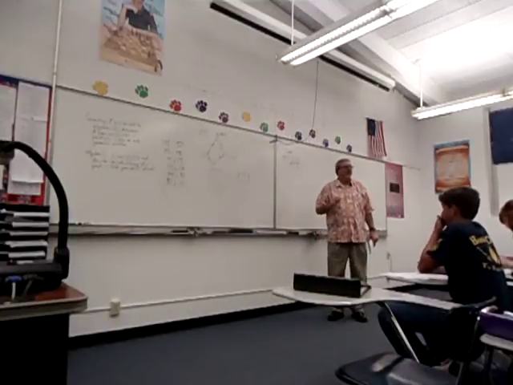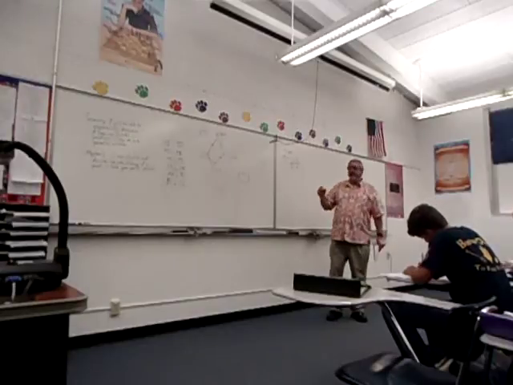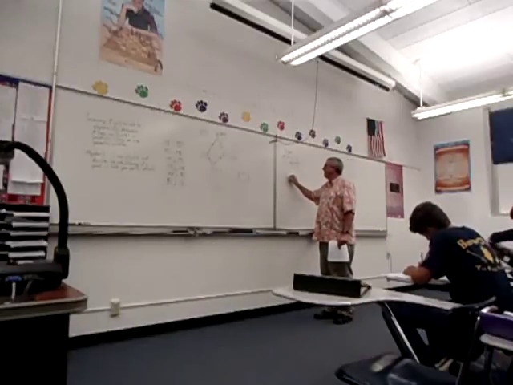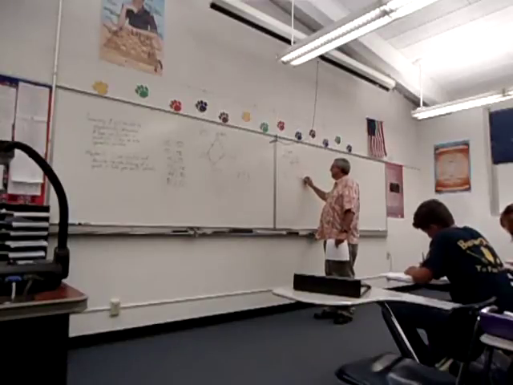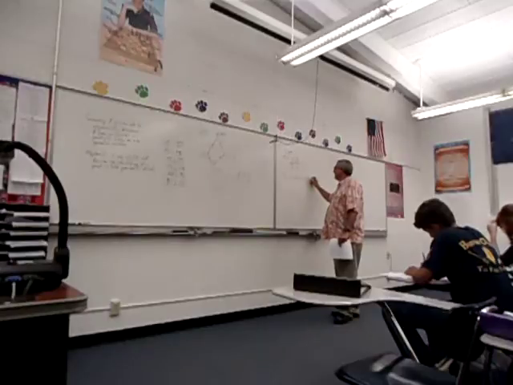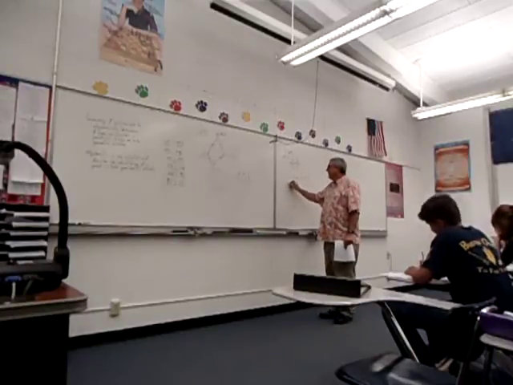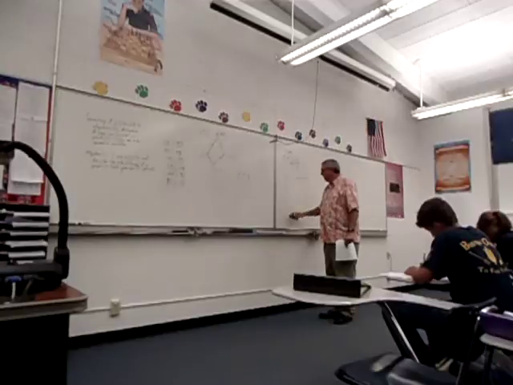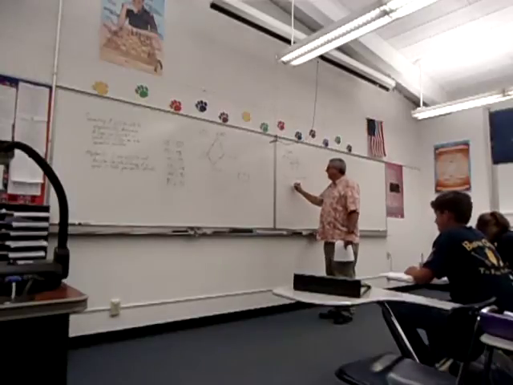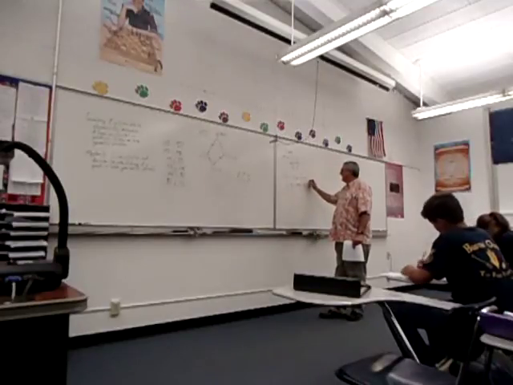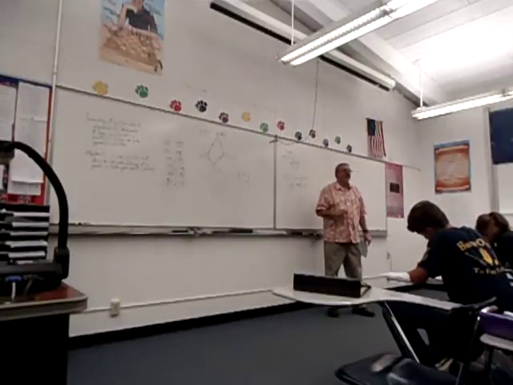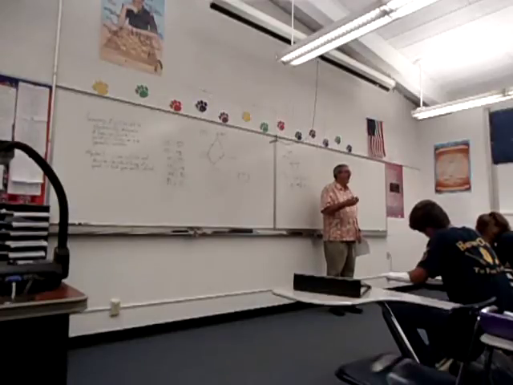You're going to use that formula, and you're also going to use that point slope formula, which is y minus y1 equals m times x minus x1. Just like we did last time. You're doing the same thing, only now it's in more of a contextual nature.